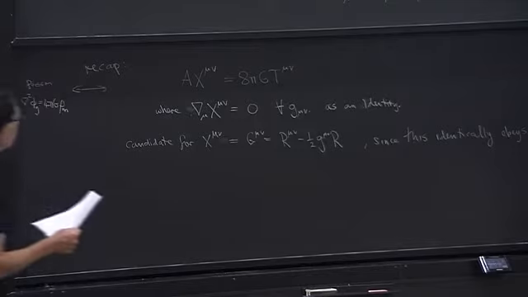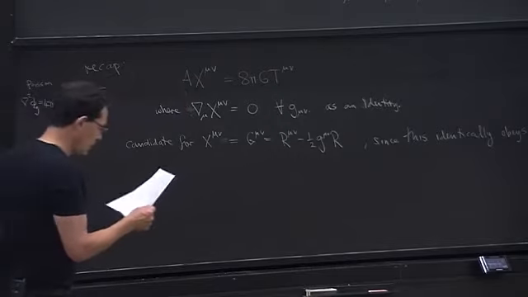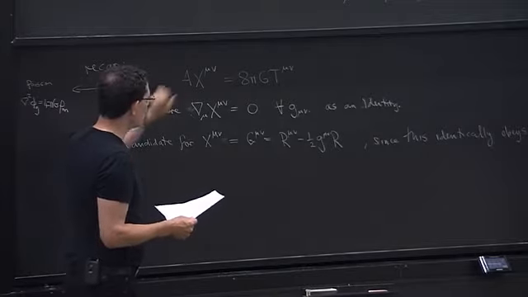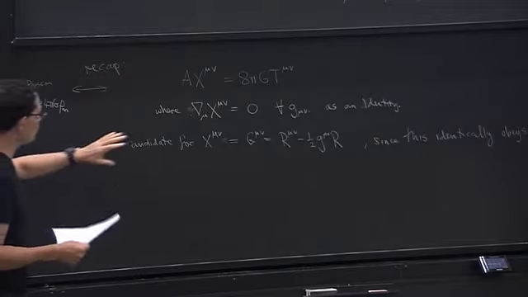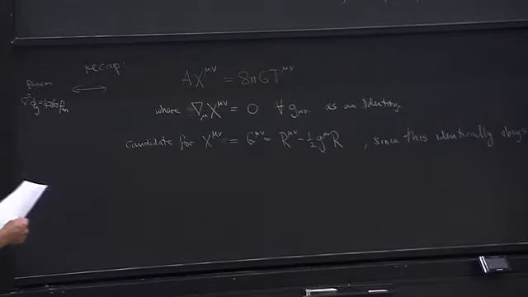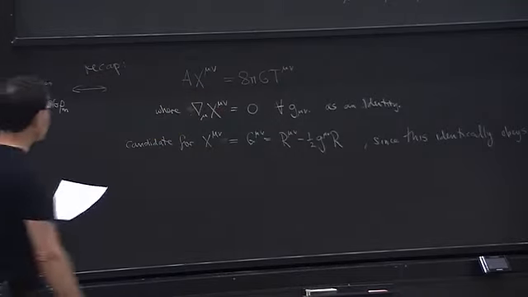Now the argument is a little bit tricky, so we have to be rather careful, and in particular it'll turn out we're going to have to use both the 0,0 and the ij components of this equation.